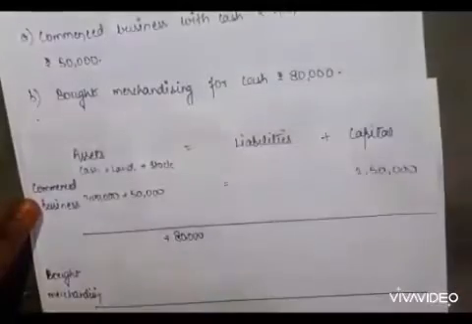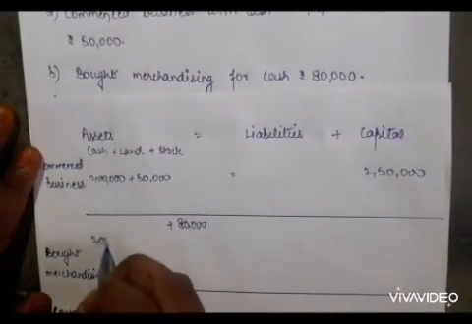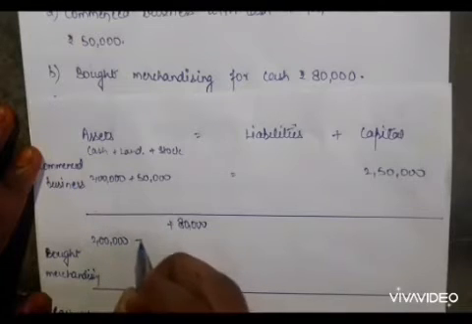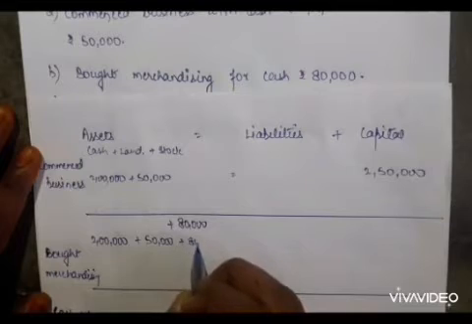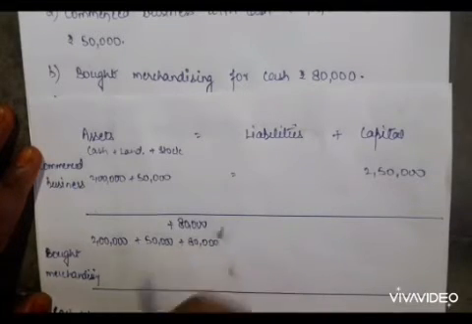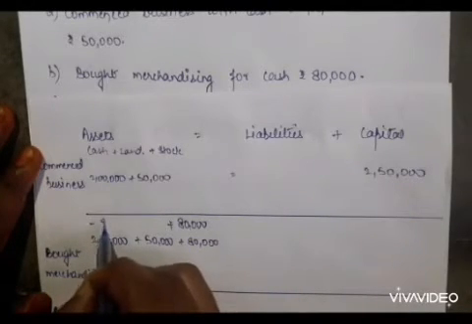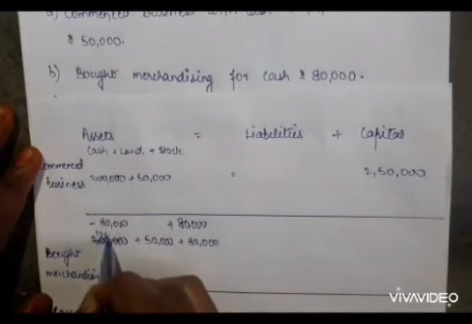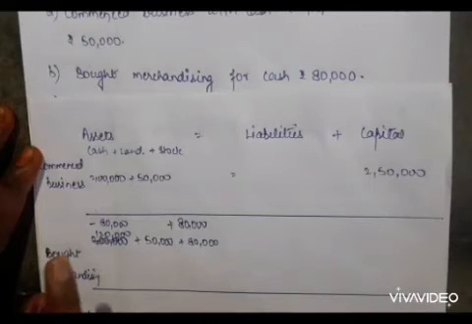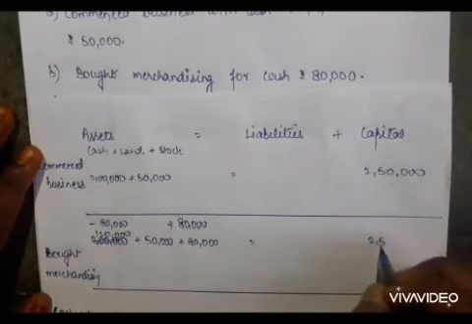The new equation that we are going to get here is 2 lakh plus 50,000 plus 80,000. We had purchased it for cash, no? So we would be deducting 80,000 here, so it would be 1,20,000. Okay, so 1,20,000 plus 50,000 plus 80,000 will be equal to 2,50,000.